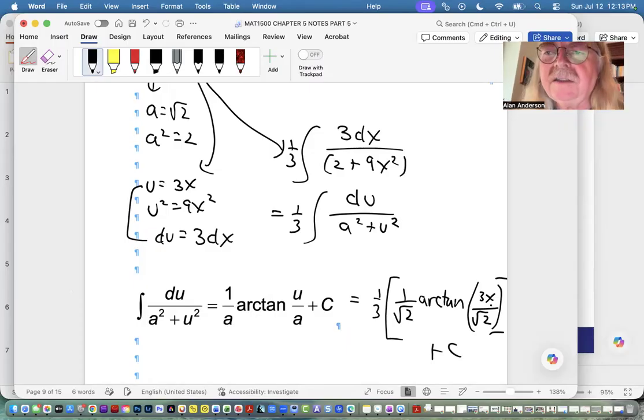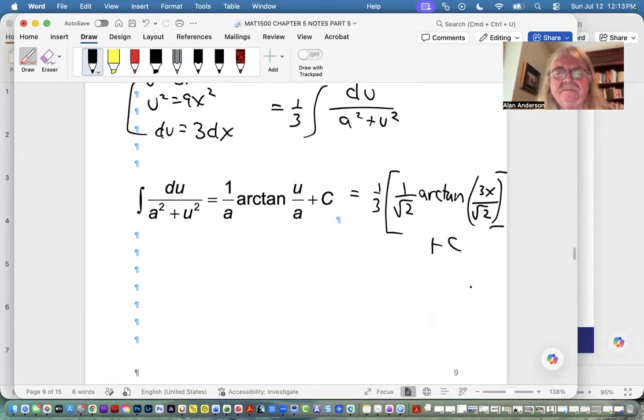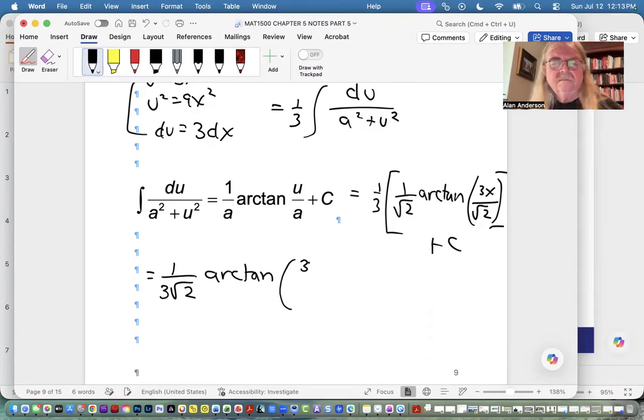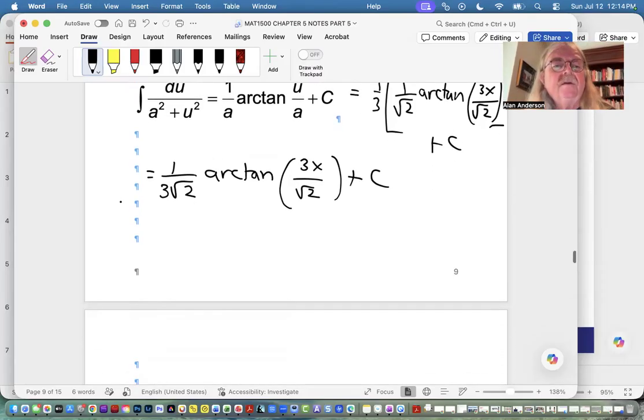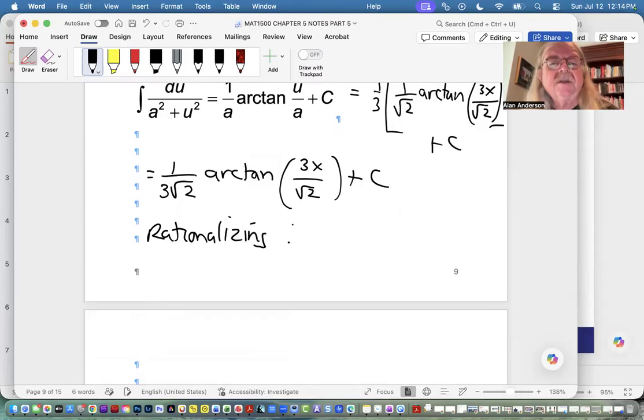And now I'm sure they're going to expect us to clean it up a little bit. So here we're going to use this approach called rationalizing the denominator because we don't want radical 2's in the denominator.